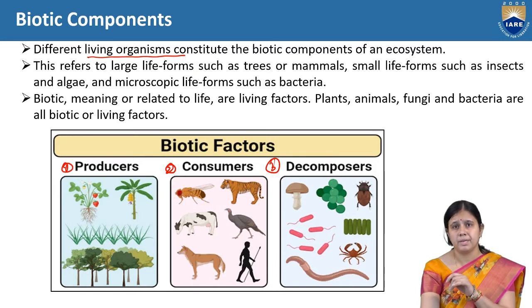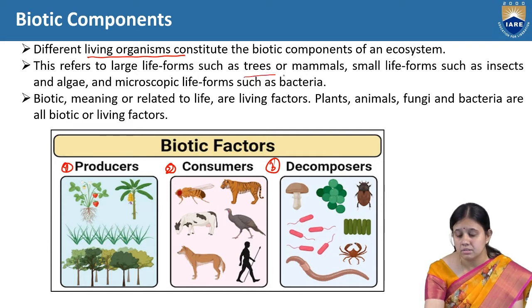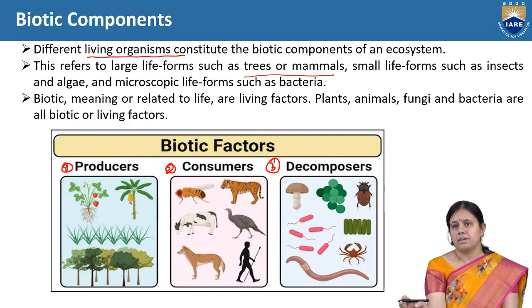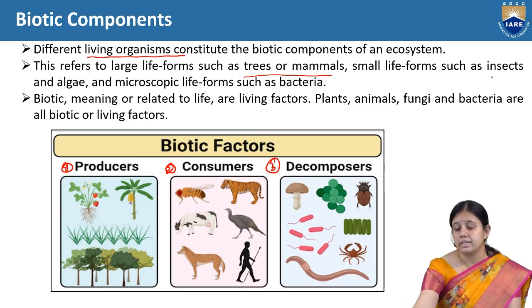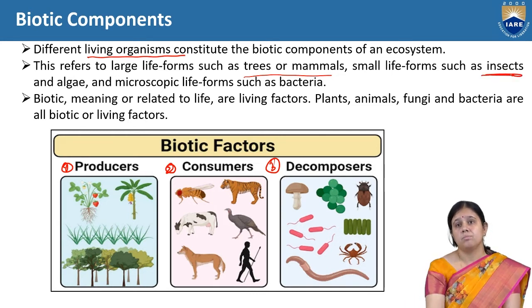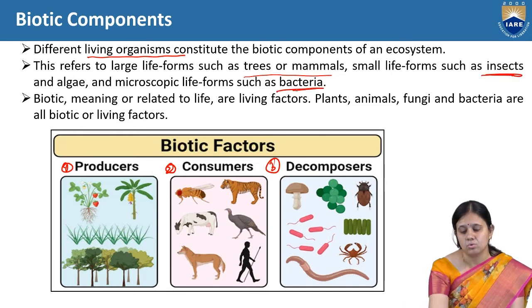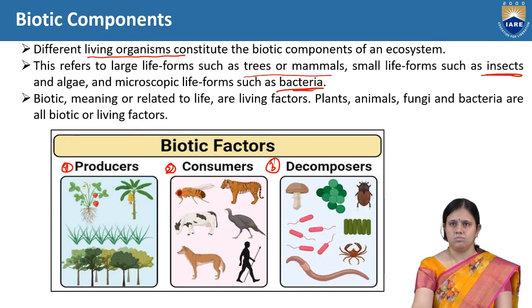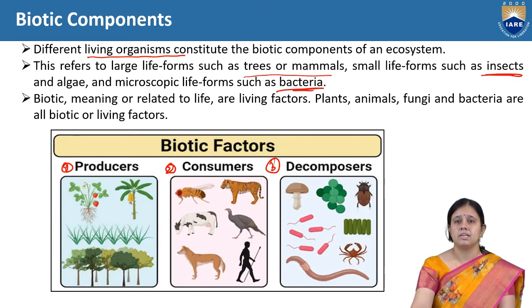These all together make the biotic component of an ecosystem. Trees or mammals are the larger life forms, smaller life forms are insects, and microscopic life forms are like bacteria. So all these organisms together come under the biotic component of an ecosystem.